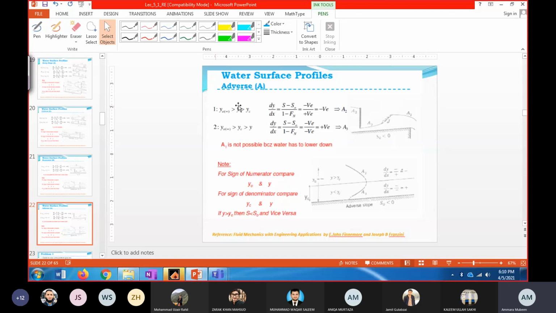That is why here also we'll have two zones, 2 and 3: in between uniform flow and critical depth, and less than critical depth. So adverse slope has two water surface profiles, A2 and A3.